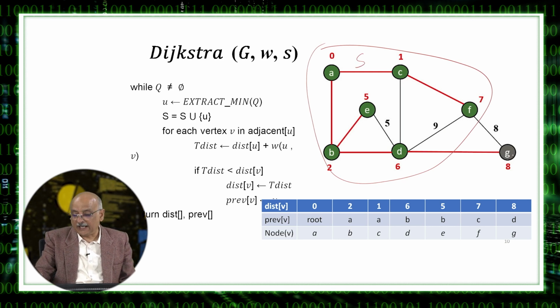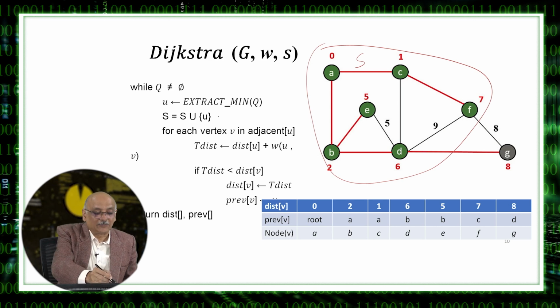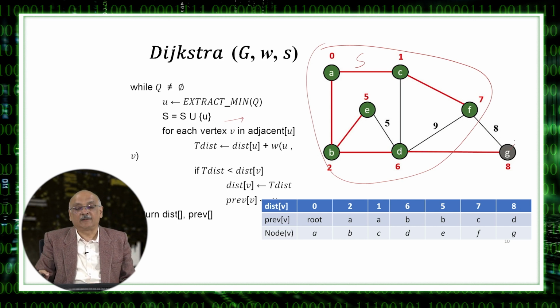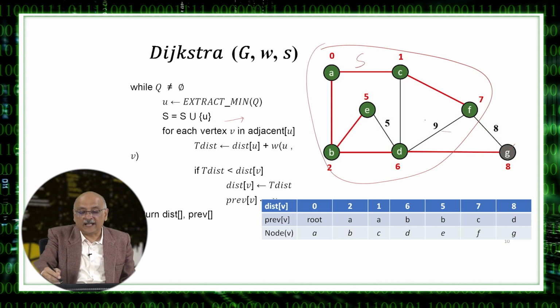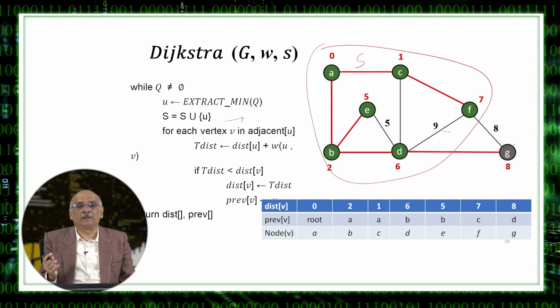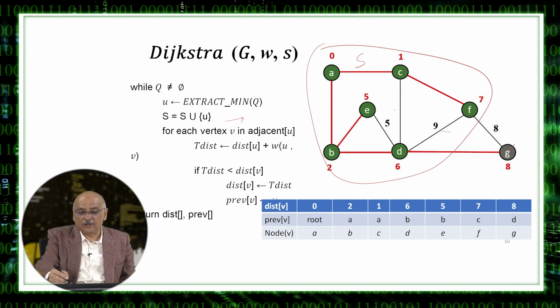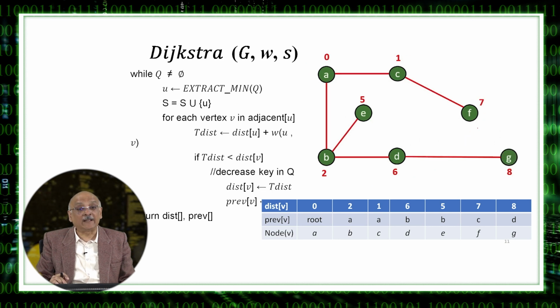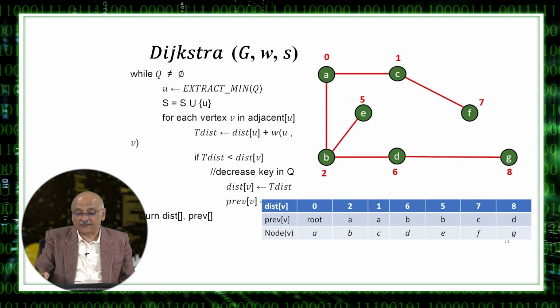G is yet to be added, and there is nothing else to be done except that G is to be added to this particular set S and made green, and all the rest of the edges don't count now. They are not needed anymore. So what we get as the final graph is this graph.